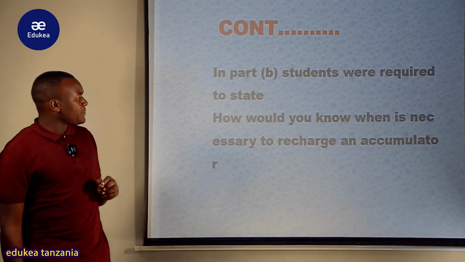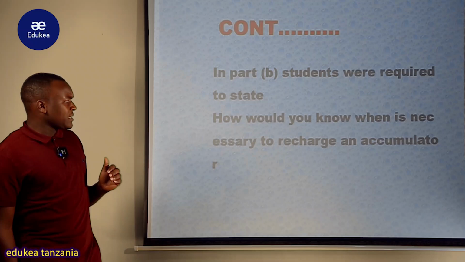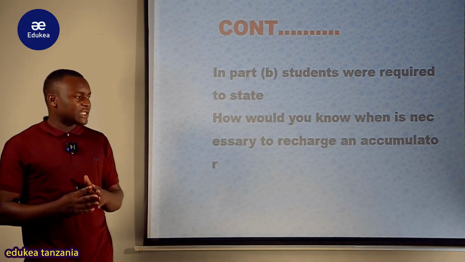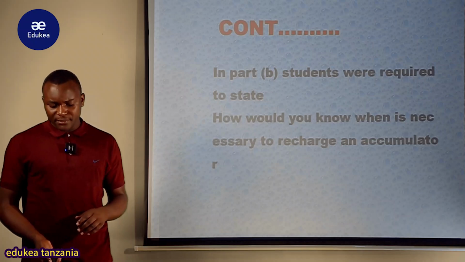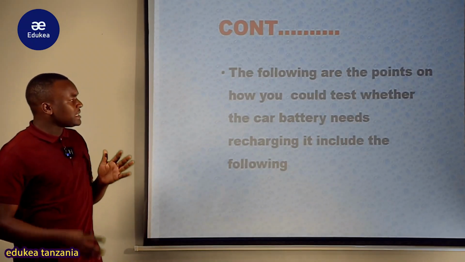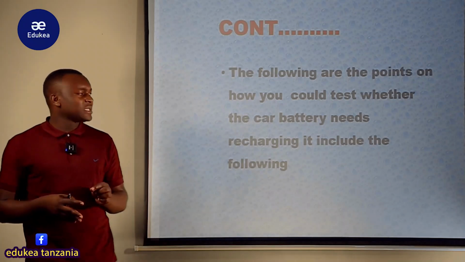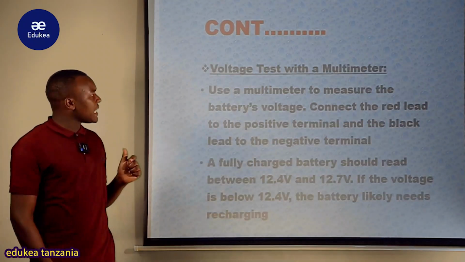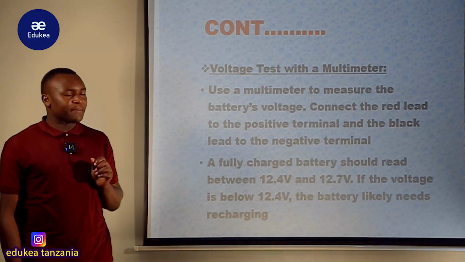After that, we have part B of the question where students were required to explain how would you know when it is necessary to recharge an accumulator. We say that the following are the points on how you could test whether the car battery needs recharging. It includes the following. Number one, voltage test with a multimeter.